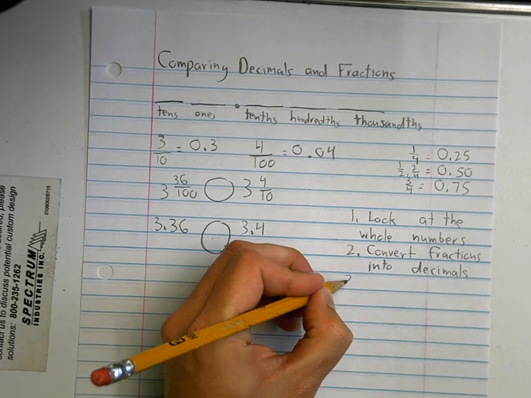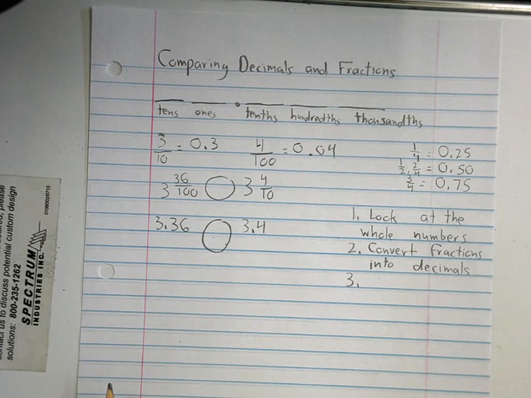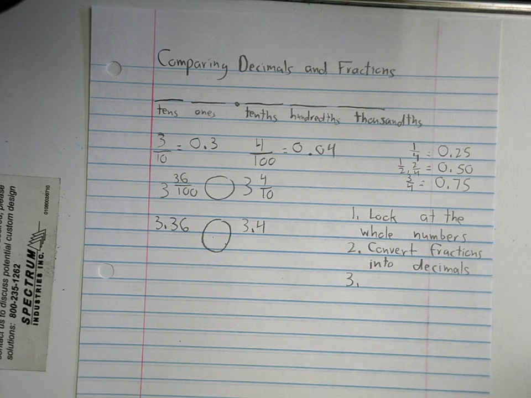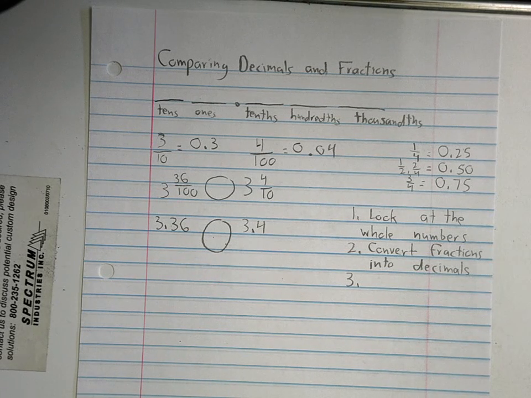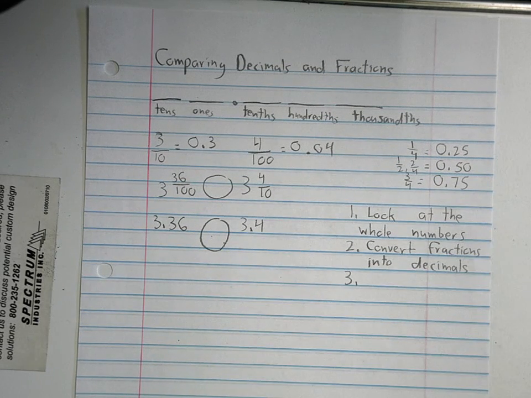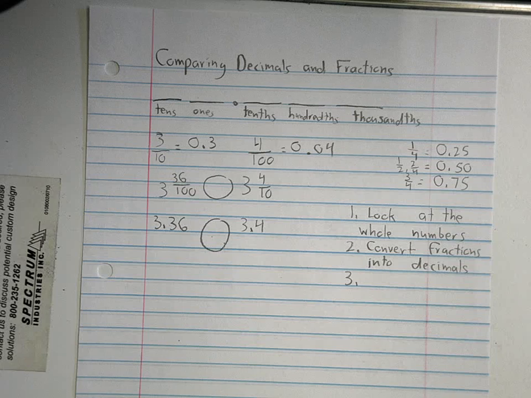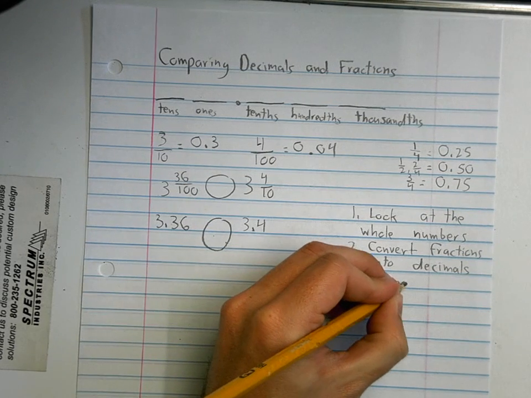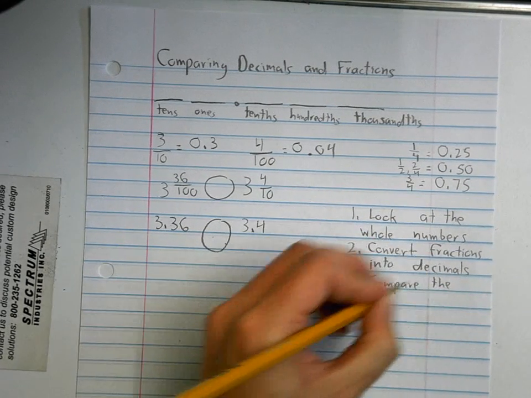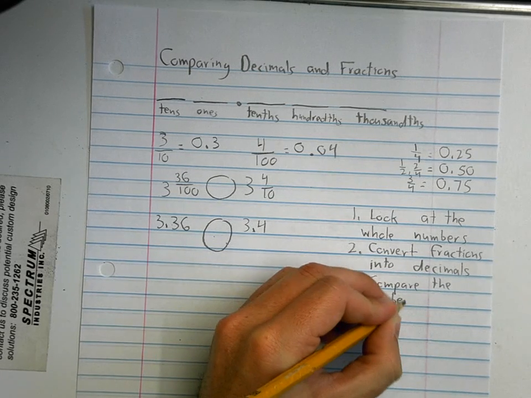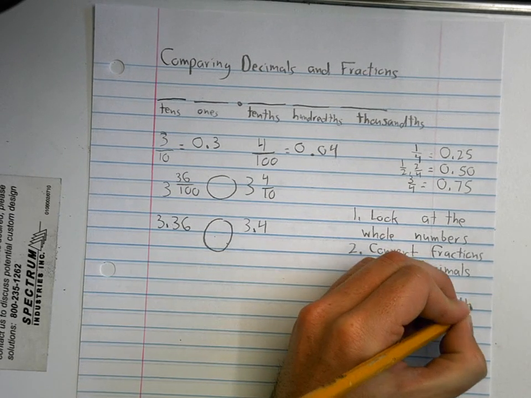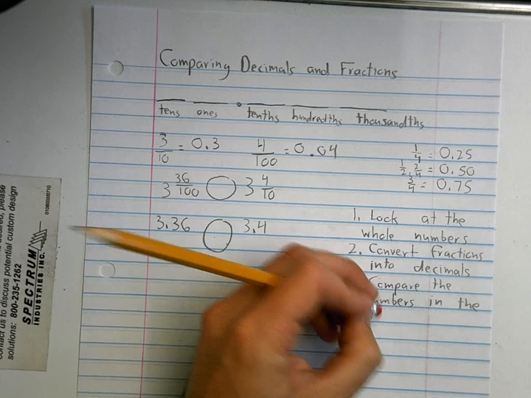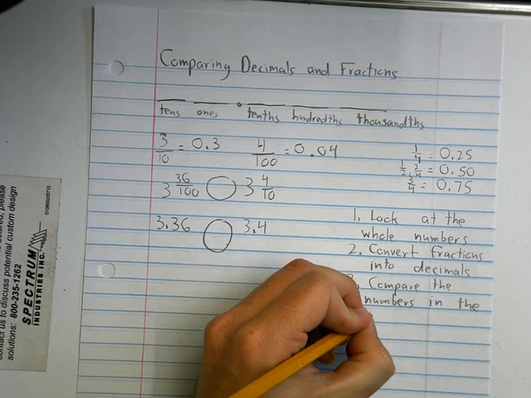Now, what do I do now? I've converted them into decimals, and I know my whole numbers are the same. Jacob. What's my next step, though? You compare the two decimals. What do I start with, though? Yes, compare the numbers in the tenths place.